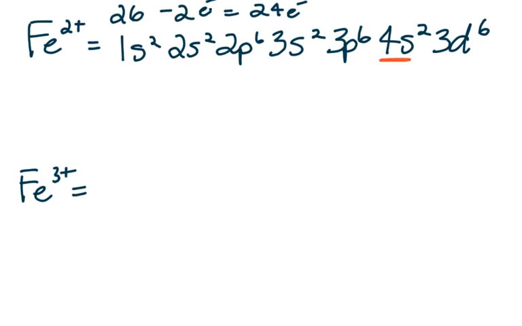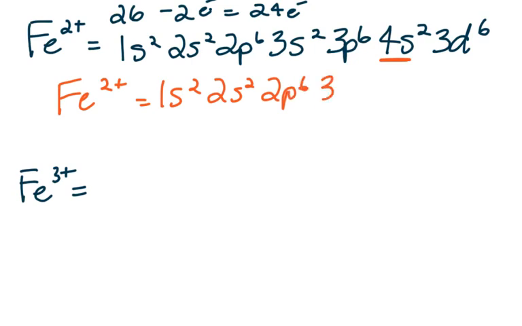So that's your 4s2, not your 3d. So what it's going to look like for Fe2+ is this. And I like you to write it this way so I can see that you knew to take it away from the 4s as opposed to the 3d. So that is how you do Fe2+.